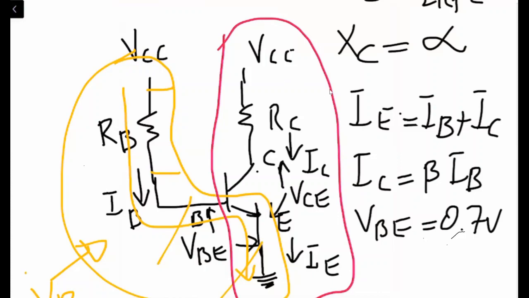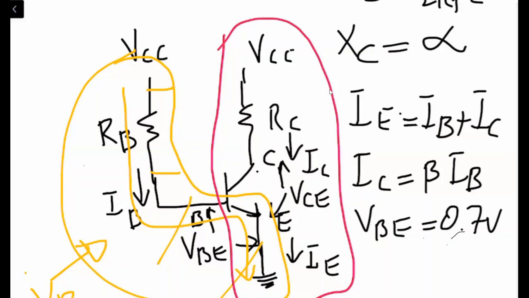Now, applying KVL to the output side of this circuit, VCC should be equal to the drop across the RC resistor plus the drop across the collector emitter junction. The drop across the collector emitter junction is VCE, right?